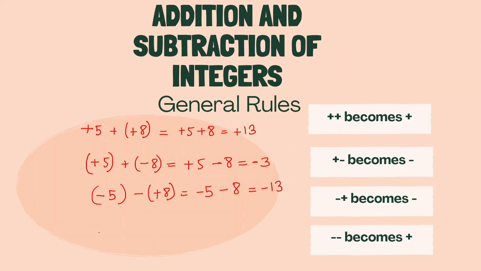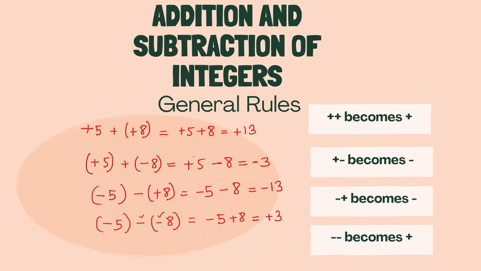So I will take another example like minus 5 minus minus 8. Here is one minus and here is another minus, so it will become plus. So it is minus 5 plus 8, equal to plus 3. So this is one process of addition and subtraction of integers.